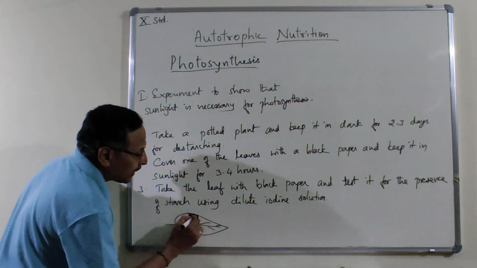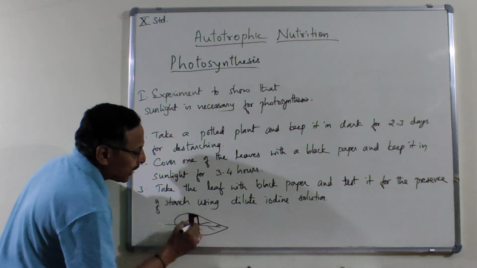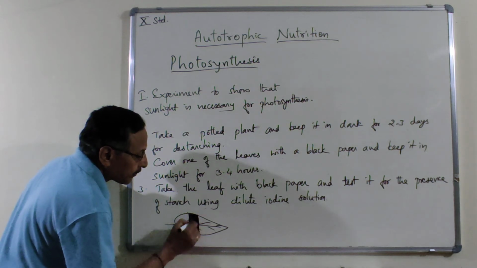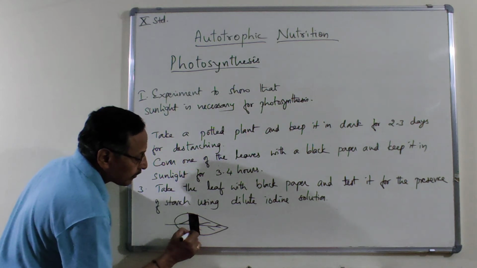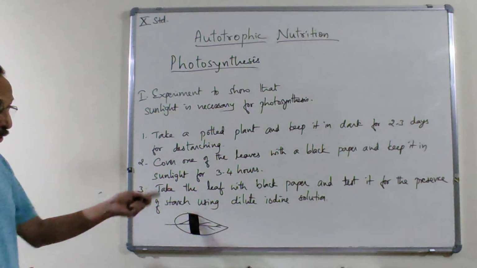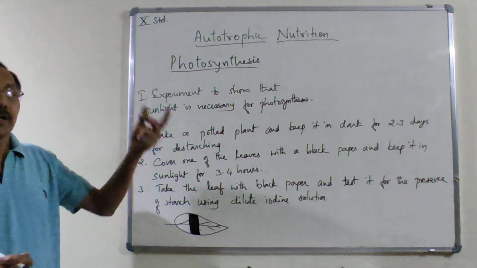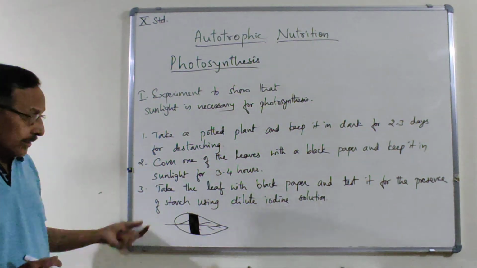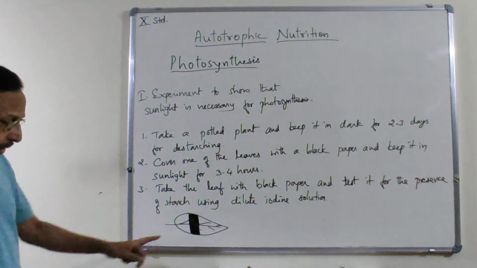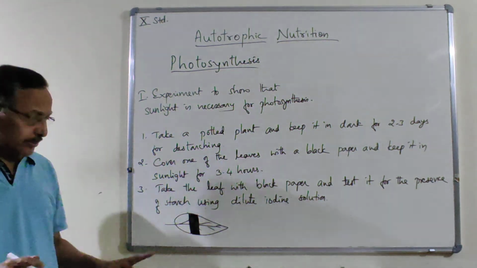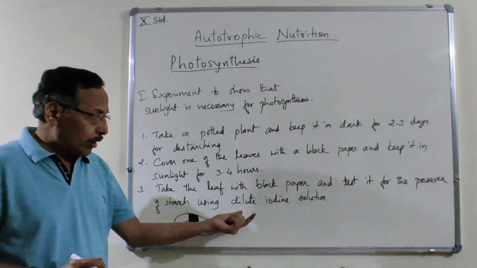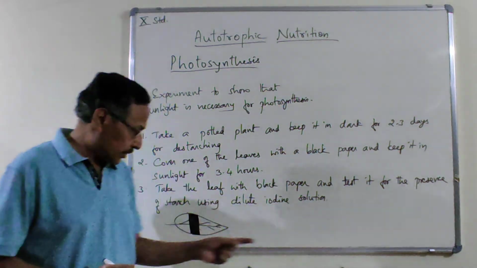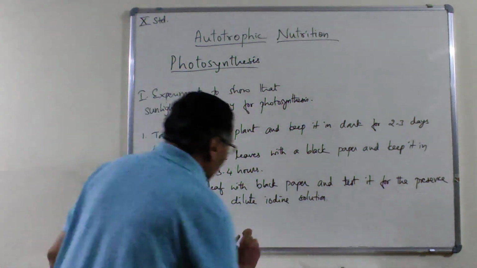So that this part should not get sunlight. Then you are exposing it to sunlight so that the plants prepare starch. Then when you take the plant inside, pluck this leaf, remove that black paper and pour dilute iodine solution on the leaf. What will happen?